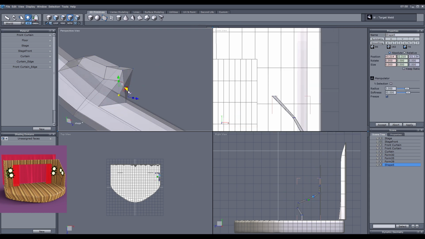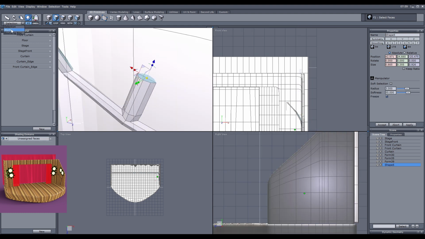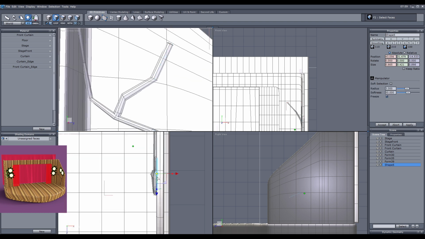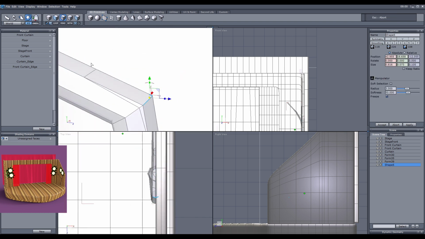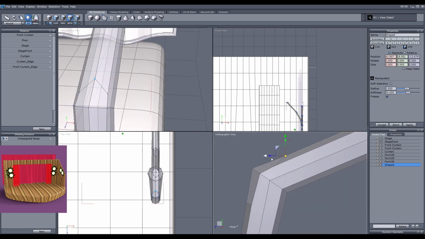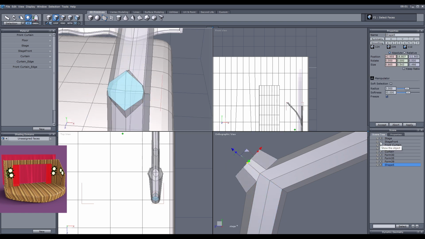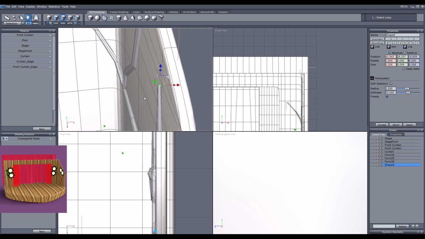So what I did is I basically built this little piece here, which is supposed to be like ivy, or some kind of ivy like plant that is growing on the side of the stage. Well, not really ivy, but something plant like that is growing on the side of the stage.